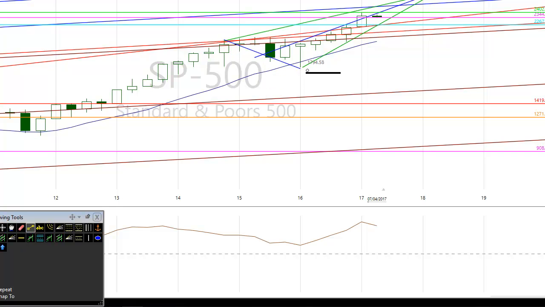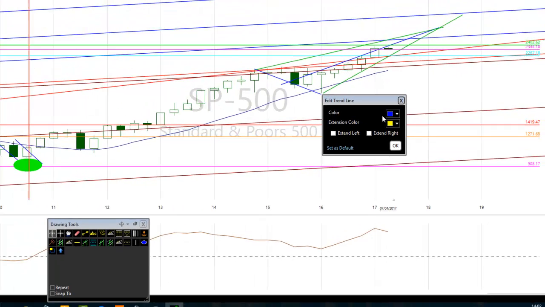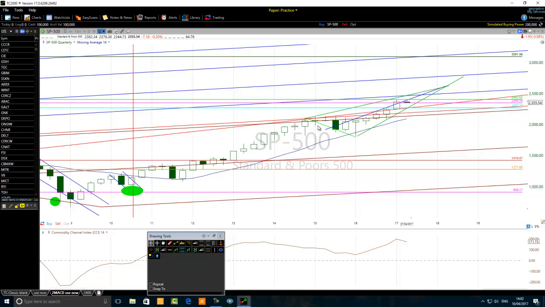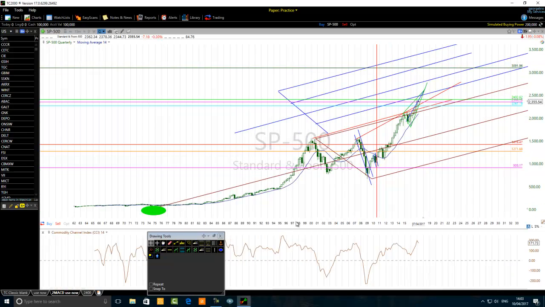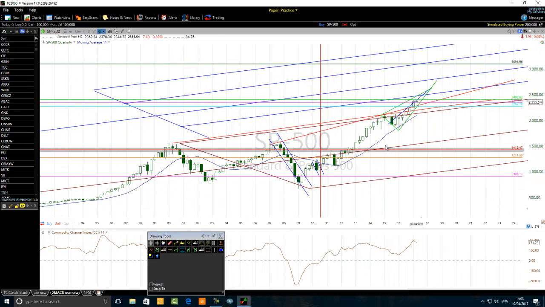This is what I've been telling traders, that the market is now in a triangle. When a financial market or the S&P 500 is in a triangle after a trend, in fact we are in a fifth wave for this mini cycle, we have a triangle. The triangle is a warning.